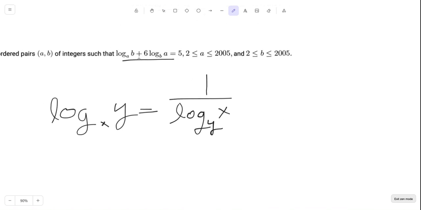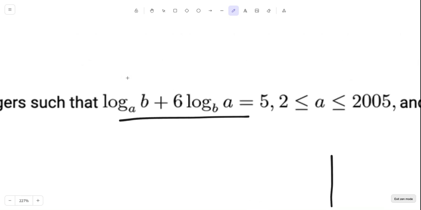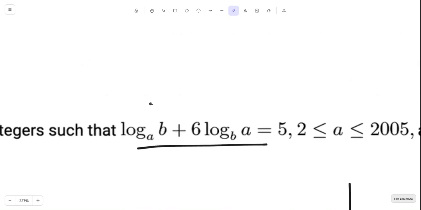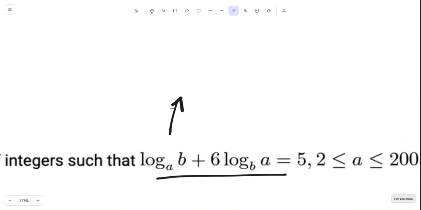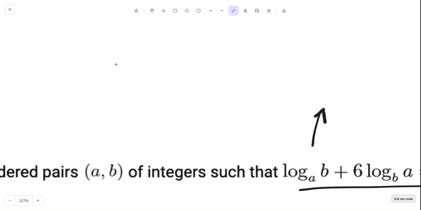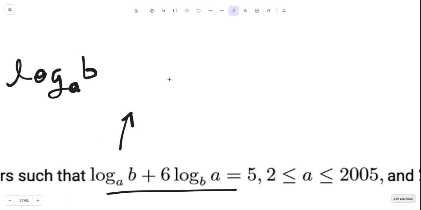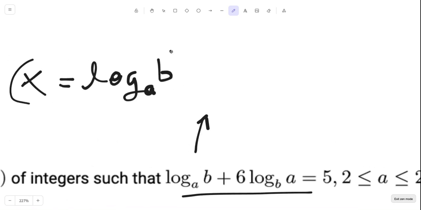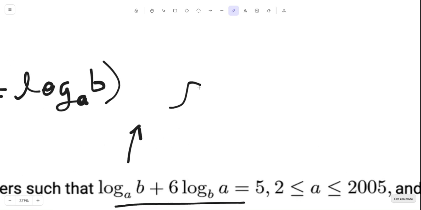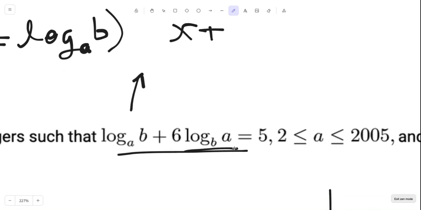And as you can see here, so what we get is, well, we can substitute x equals log base a of b. So that would give us what's in brackets. Okay, so we have x plus, and this is log base b of a.